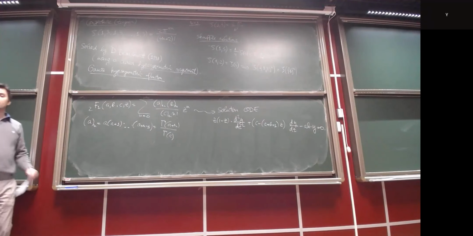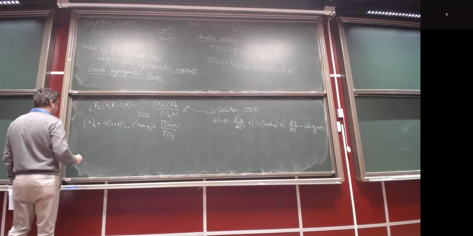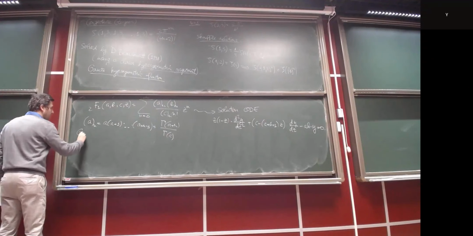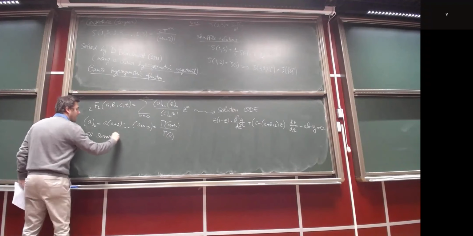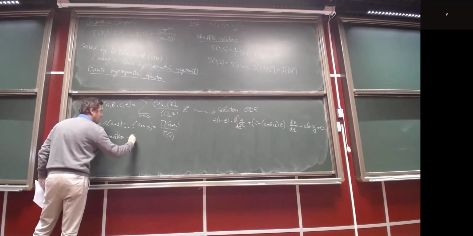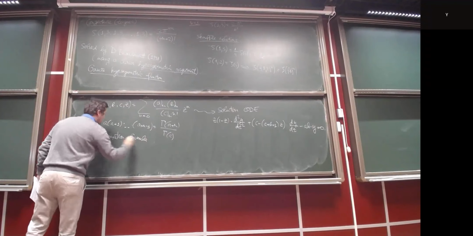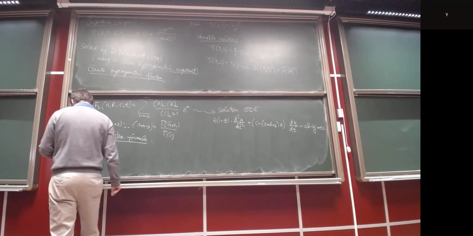But there is one thing that I would like to mention, and this is a very important thing: the Gauss summation formula, because Broadhurst used this. It basically says the following.